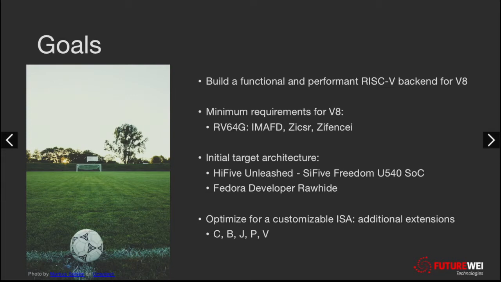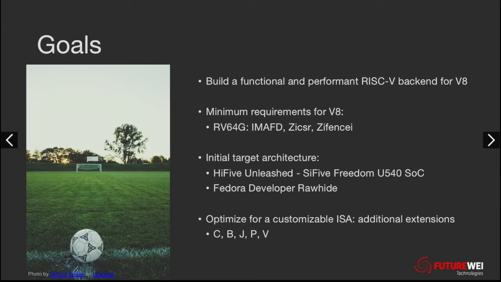The basic hardware requirement for supporting the full functionality of V8 is RISC-V 64-bit G. G represents IMAFD, and also the control register and fence instructions. These are pretty typical setups.